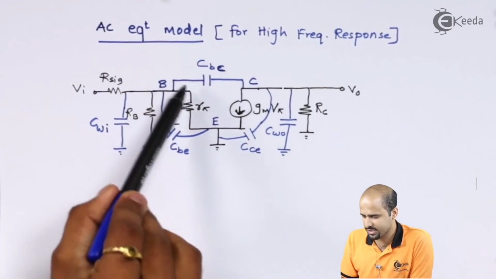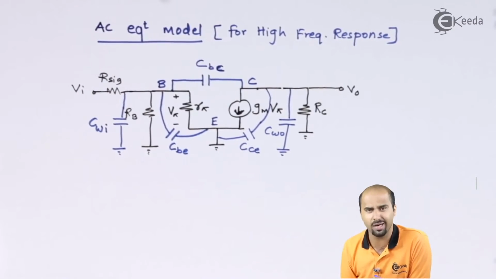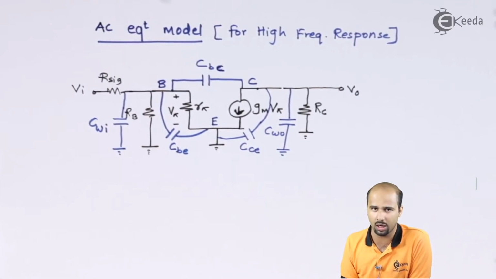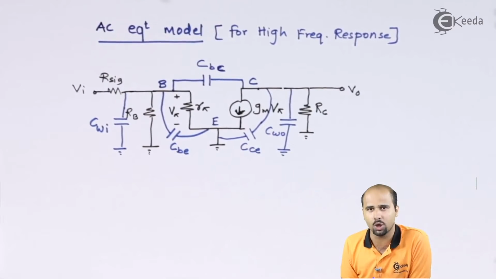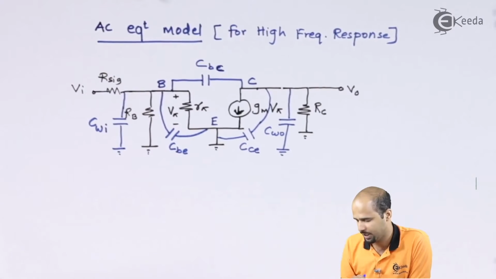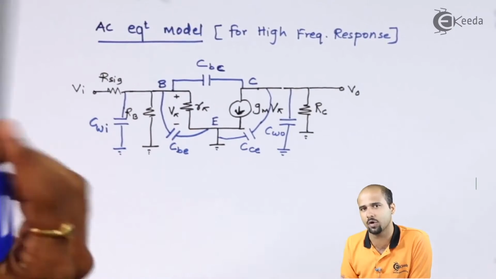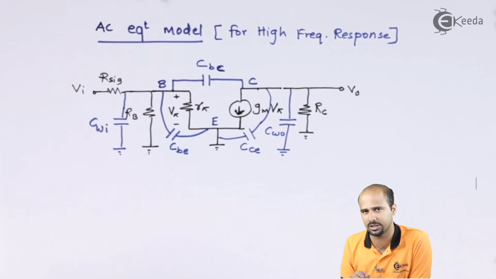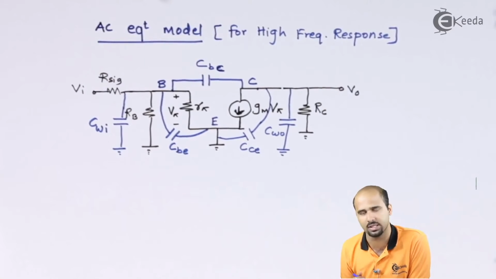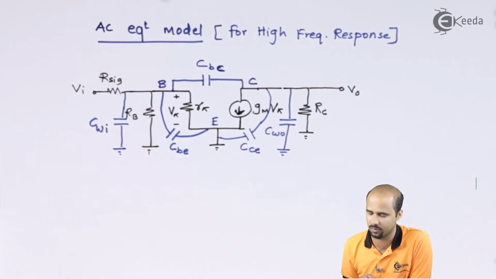As far as this CBC is concerned, I cannot differentiate input and output of this particular AC equivalent model. Now the solution is, we have already learned Miller's theorem, right? So we will remove this culprit CBC and we will take its form at the input side of the BJT amplifier AC equivalent model and also at the output side, in a different way.